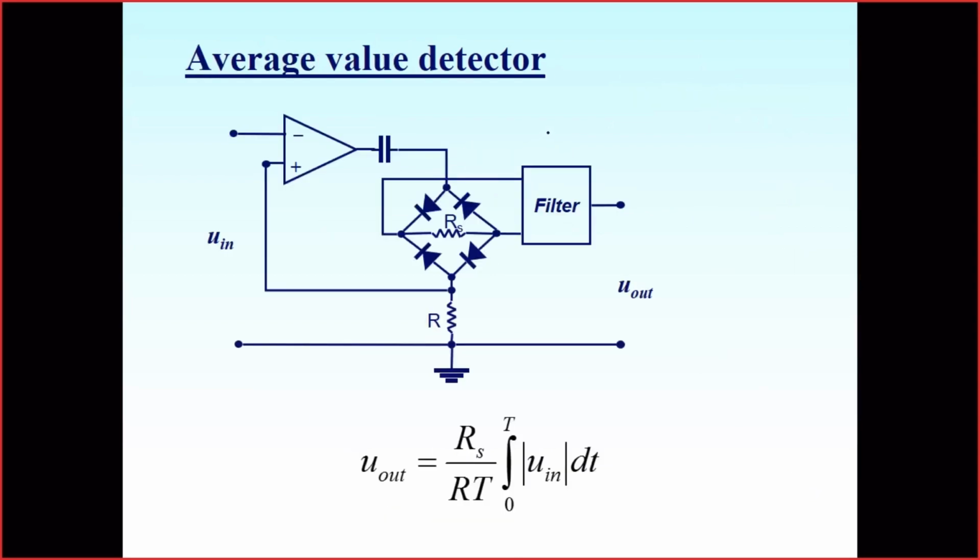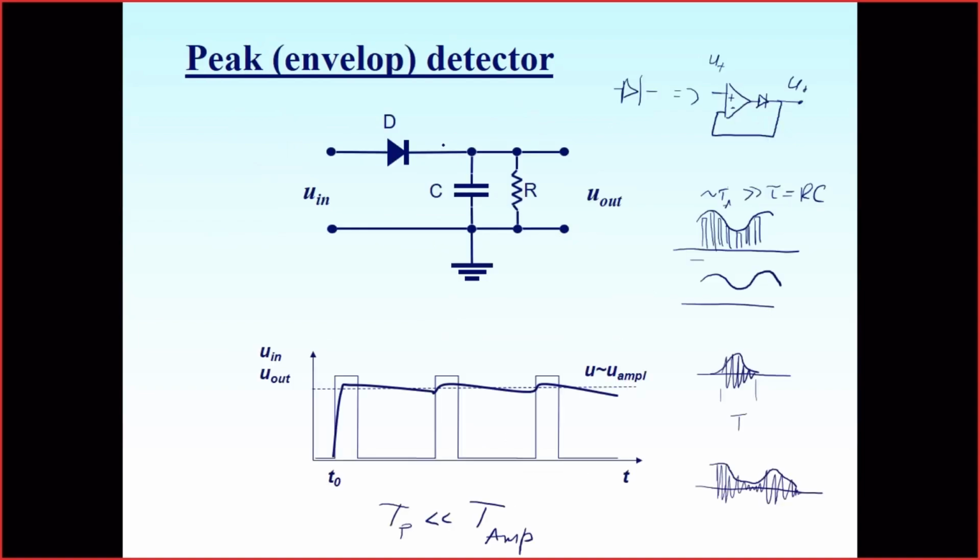Here is another example, the average value detector, depicted relatively. And one more, so please make sure that if we consider this detector like an AC-DC converter, then the output is equal to the amplitude. Generally, it's already maybe enough.